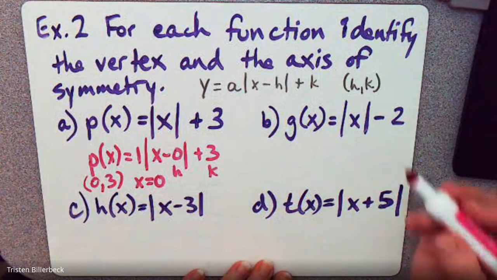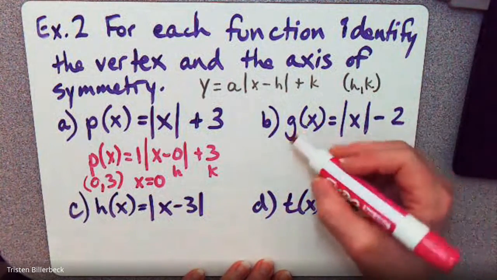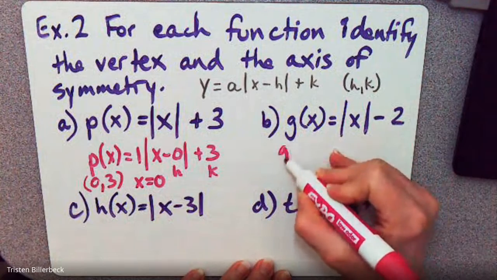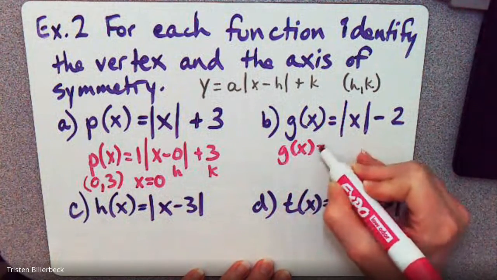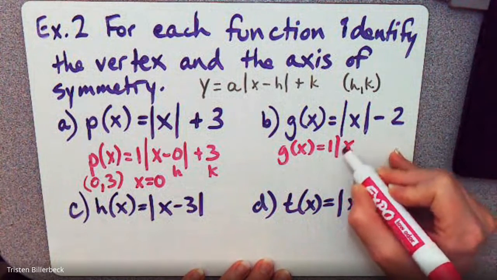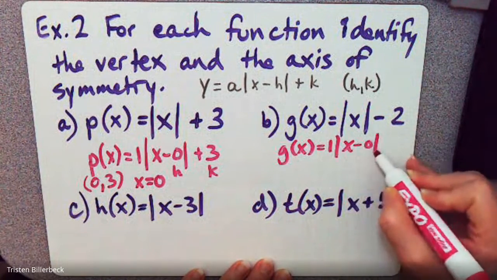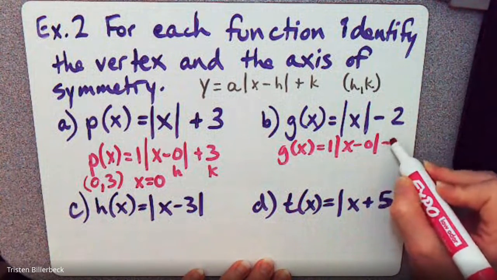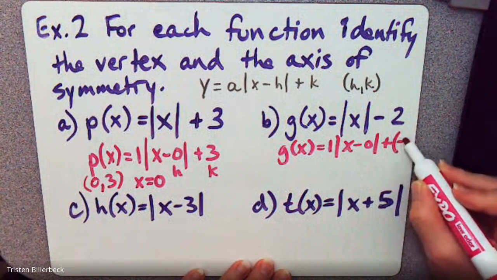Okay, so let's look at this one. We have g of x equals, again, a is a 1, and we have the absolute value of x minus 0 plus a negative 2.